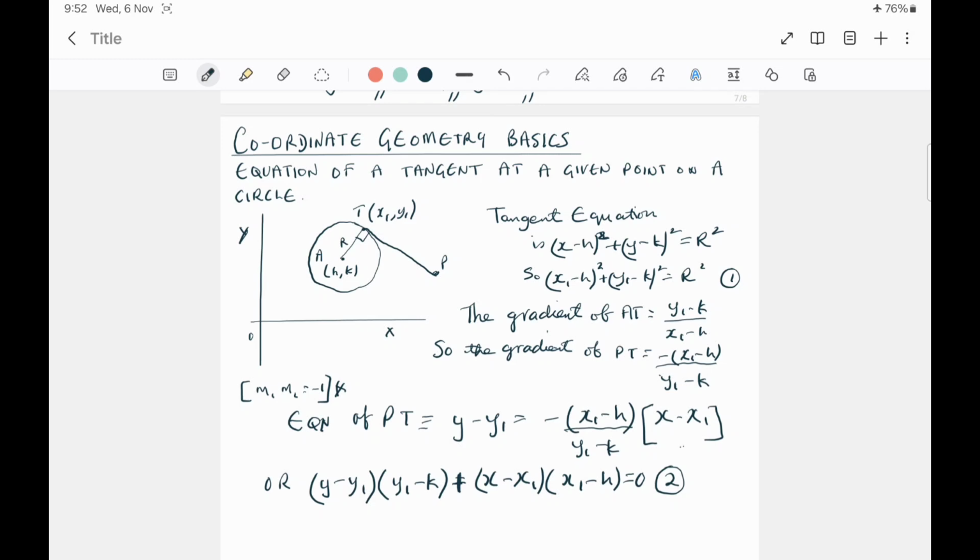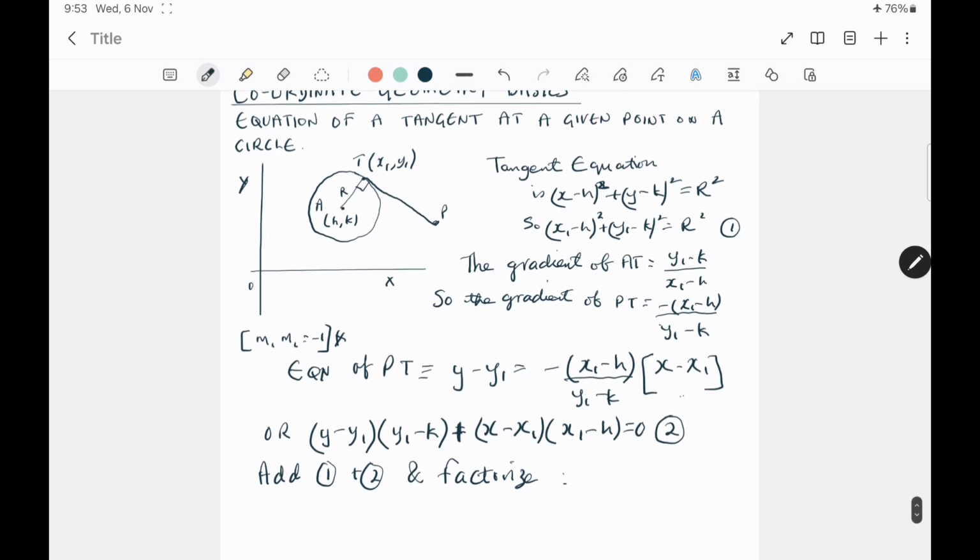Anyway, we'll now add 1 and 2 together and factorize. So add 1 and 2 and factorize. And what do we get?